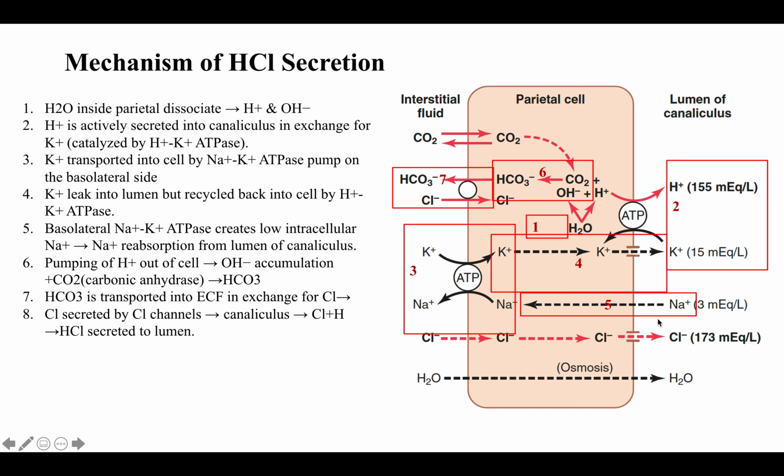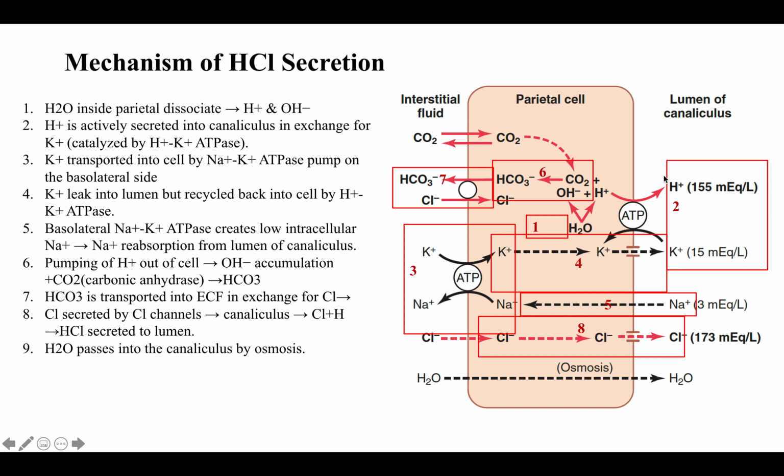Now the last thing to move is water, and this will move by osmosis. Water will always move by osmosis. This is as simple as that. Proton is excreted to the lumen, chloride is also excreted to the lumen, and bicarbonate is absorbed to the circulation.